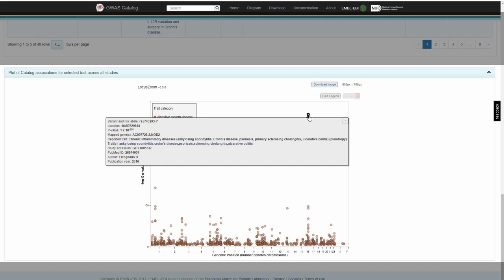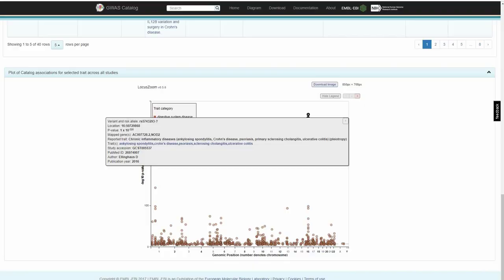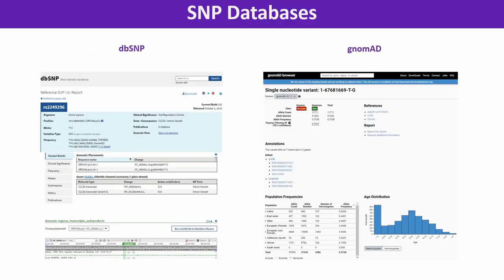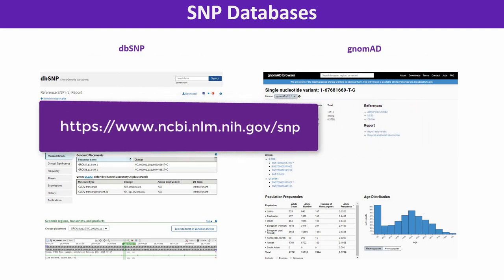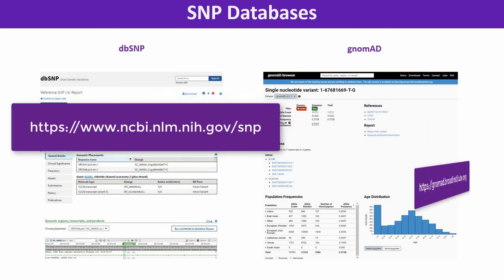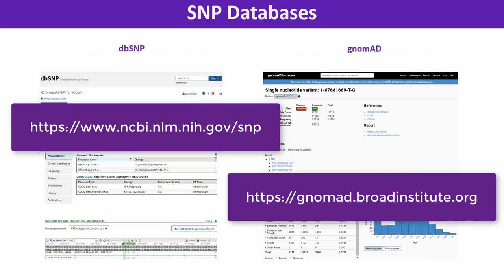In this case of Crohn's disease, the plot shows that the SNP RS5743293 in NOD2 gene is the most significantly associated SNP with the disease. Details on SNPs population frequencies can be obtained using databases such as dbSNP from NCBI and gnomAD from Broad Institute.